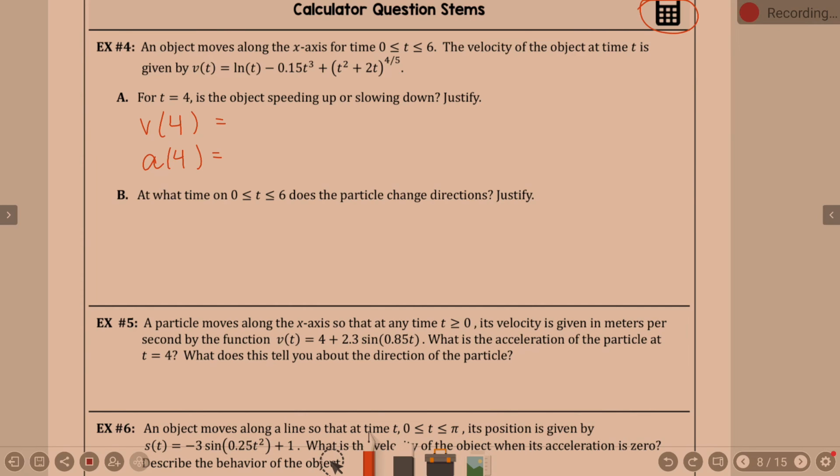I cheated, I'm ahead. In Y1, I have this equation typed: natural log of x minus 1500 x cubed plus x squared plus 2x, and that quantity is raised to the 4/5. You put it in whichever Y you have open, okay? And then I'm not going to graph it, because I don't think I need to graph it for part A.